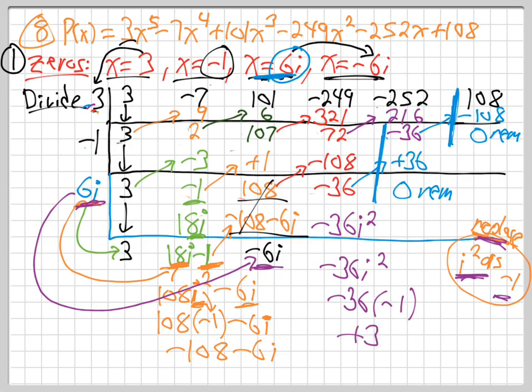So that'll be negative 1, which is positive 36. This is going to become positive 36. Do you see that? Because it was 36i squared, and i squared is negative 1, and negative 36 times negative 1 is positive 36.